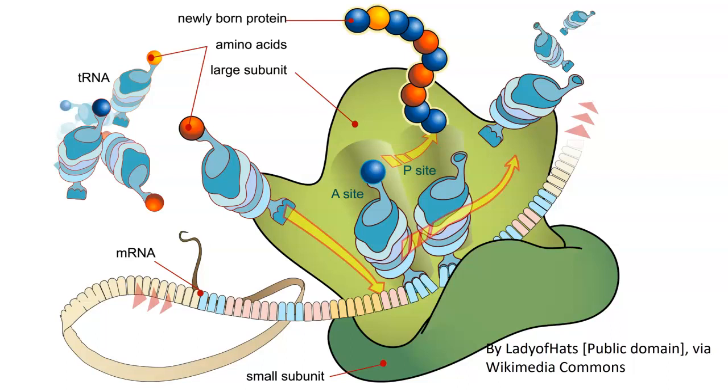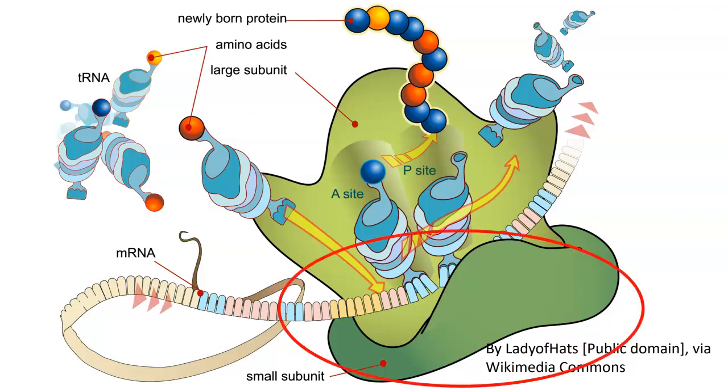Once it does that, it brings a transfer RNA in and grabs hold of it. The transfer RNA will have its amino acid. It will move it from the A site to the P site, then bring in a new transfer RNA, grab the amino acid off of the old one, bind it to the new one, and it moves along like that. As it does that, it creates this new peptide, or this new protein.